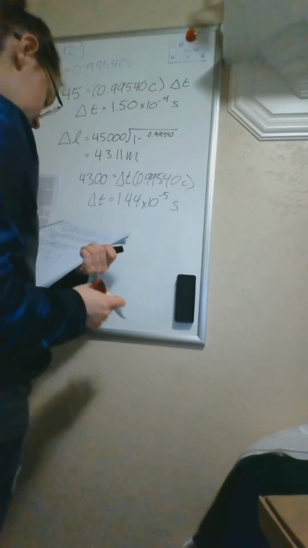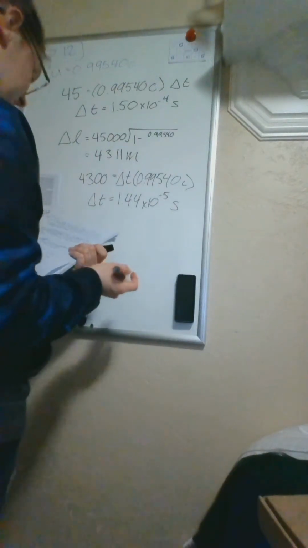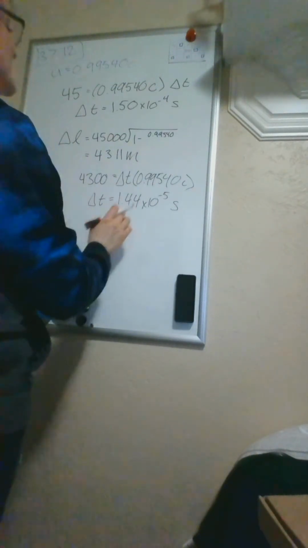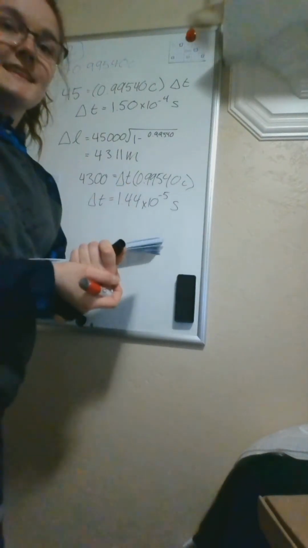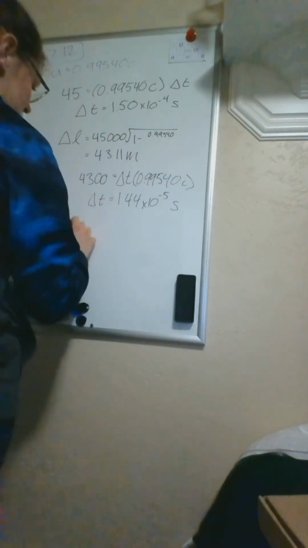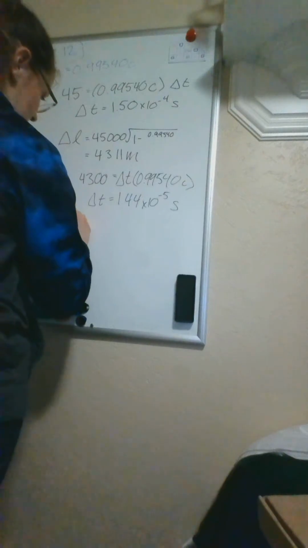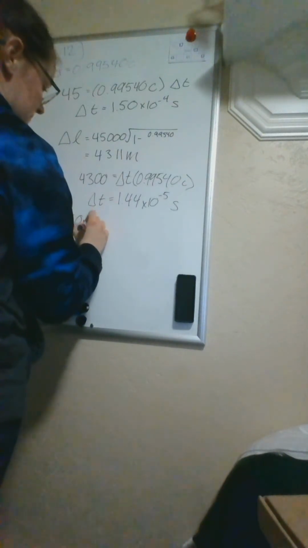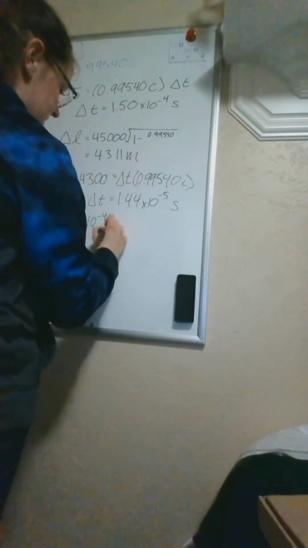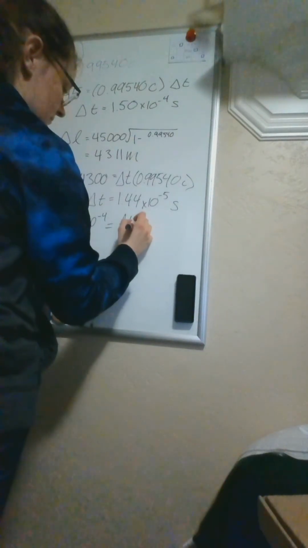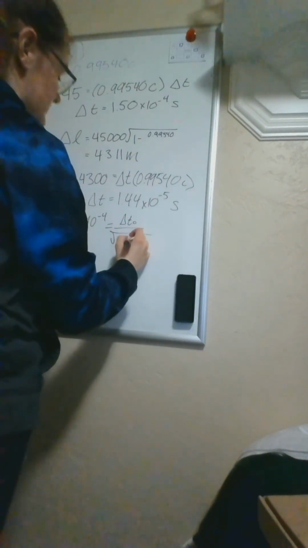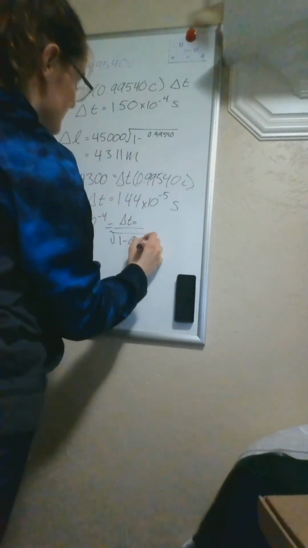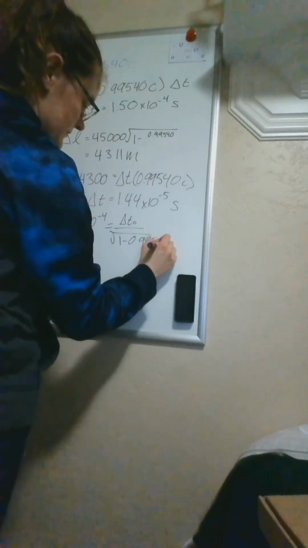Then we're going to actually use the time dilation equation. So now we're looking for delta T naught, because that's going to be in the particle's frame. So delta T that we are given is 1.50 times 10 to the negative 4. That's equal to delta T naught, which is what we're solving for, divided by this thingy, 540.